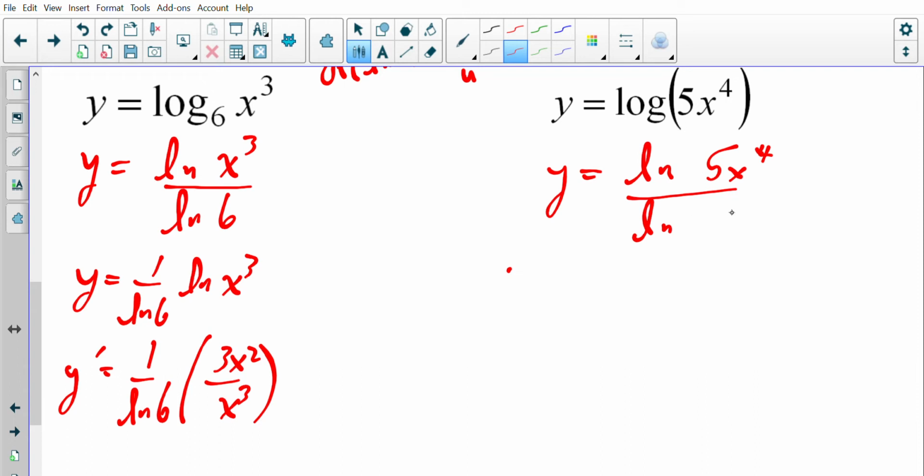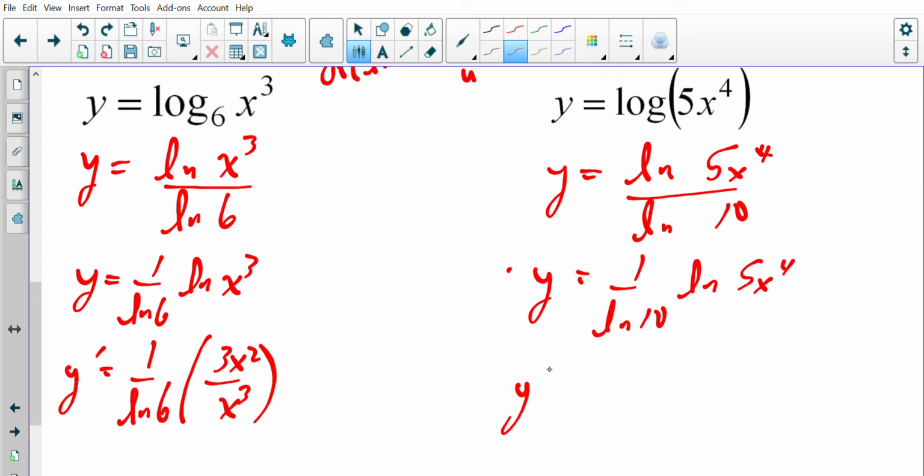When there's no base, it's a 10. This would then be 1 over natural log of 10 multiplied by the natural log of 5x to the 4th. So my derivative, constant, leave the constant, and now take the derivative of natural log of u, which is du over u.